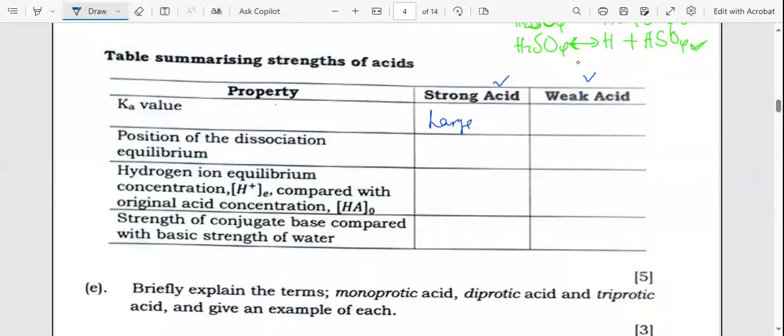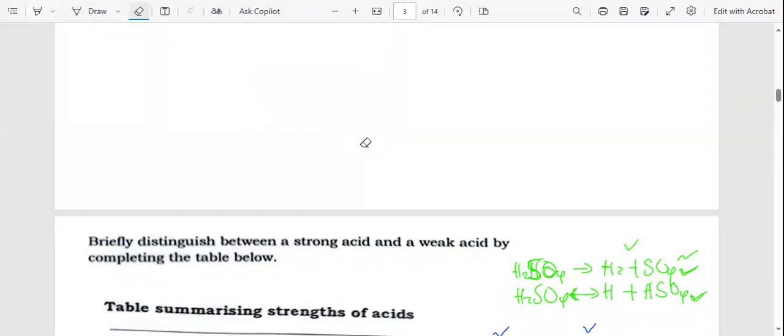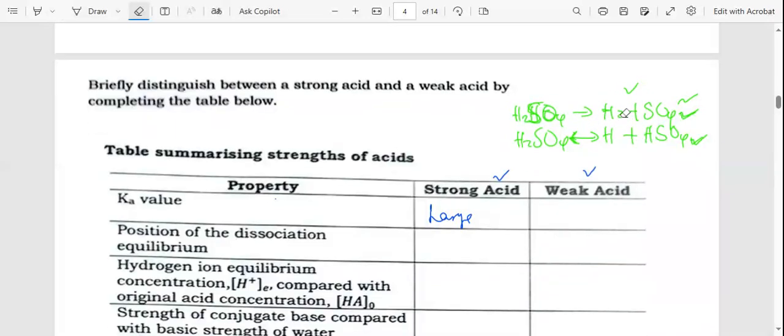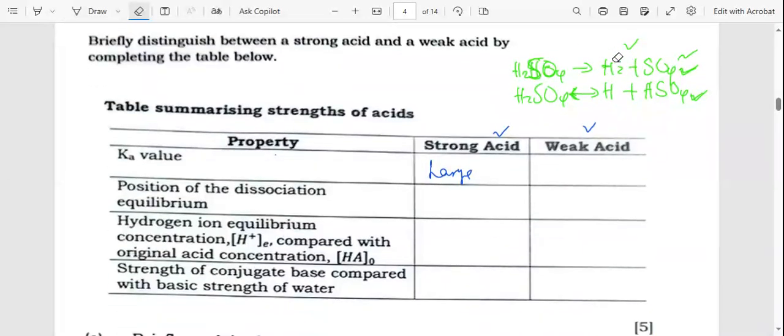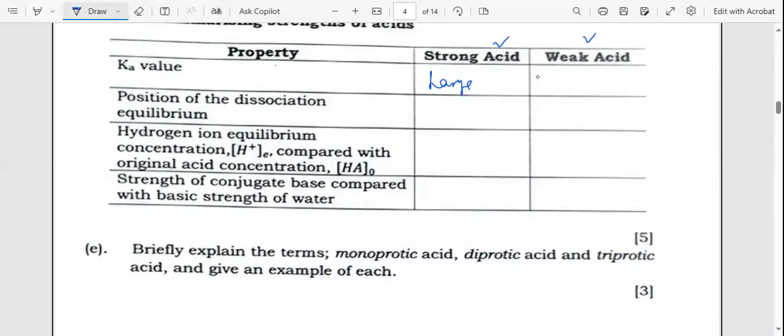Because if something is able to ionize completely like that, the products will be a lot, because it is complete. What you need to know is that Ka means an acid, Kb means a base.